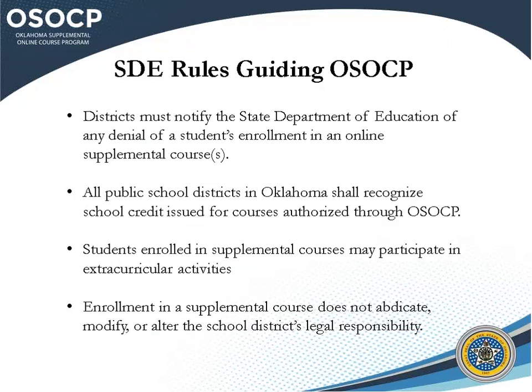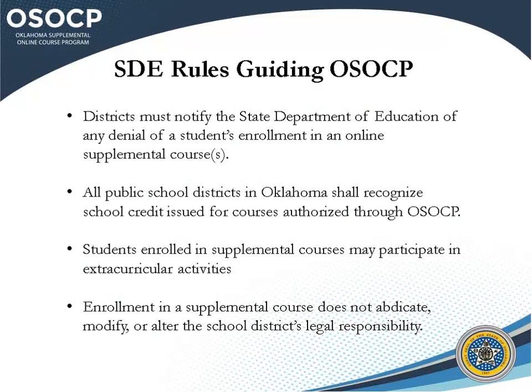If a student is for some reason denied an opportunity to enroll in an online course, that district must notify the State Department of Education of that decision. And all public school districts in the state of Oklahoma must recognize courses that transfer from one district to the next that were taken in an online format.